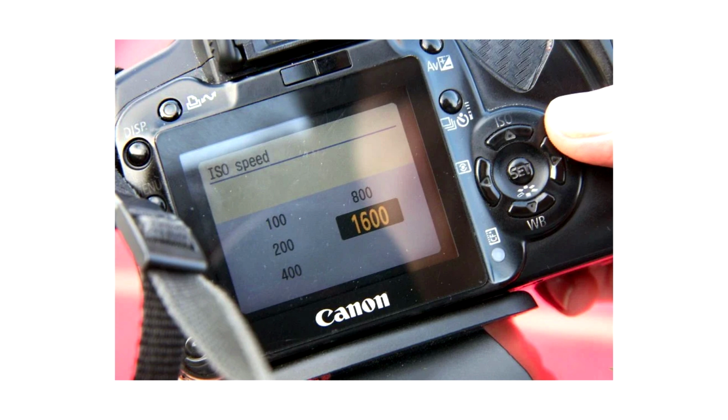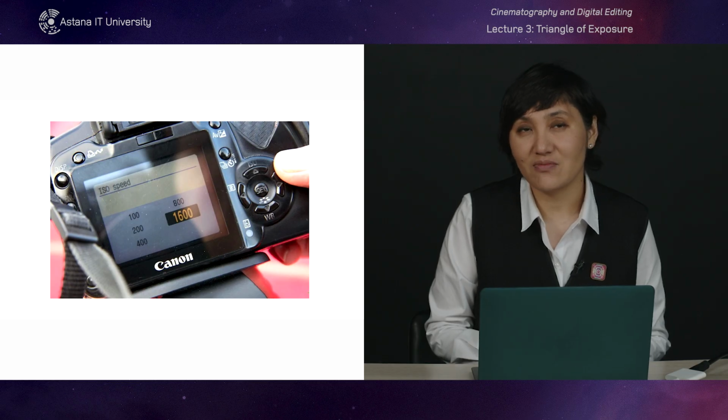ISO measures the sensitivity of your camera sensor to light, originally referring to the sensitivity of film in film cameras. It is represented by numbers such as 100, 200, 400, 800, and so on, with lower numbers indicating lower sensitivity and higher numbers indicating higher sensitivity.